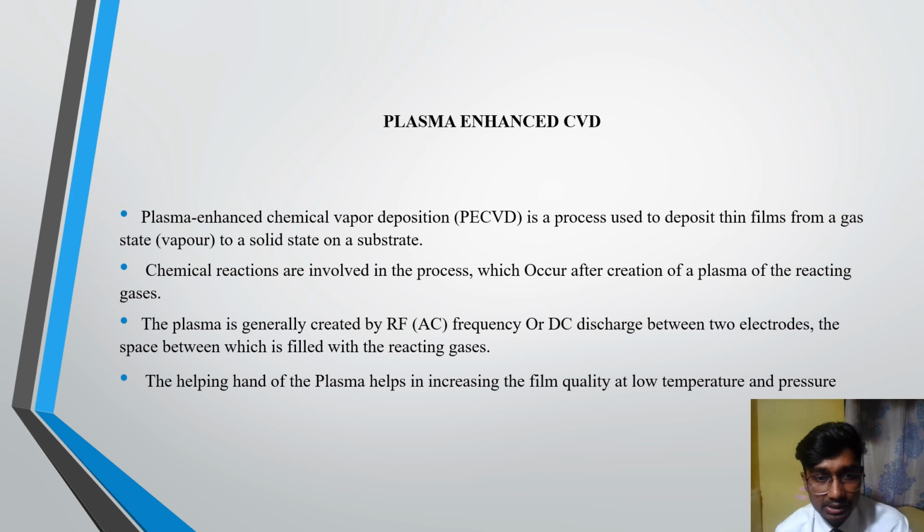Chemical reactions are involved in the process, which occur after creating a plasma of the reaction gases. The plasma is generally created by RF, AC frequency or DC discharge between electrodes, and the space between them is filled with the reaction gas. The help of the plasma increases the film quality at lower temperature and pressure.